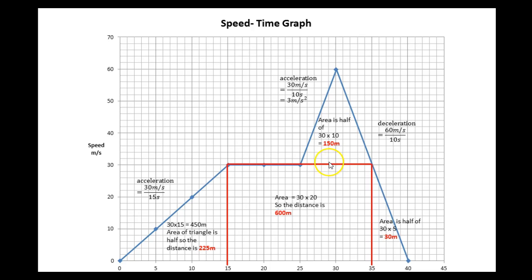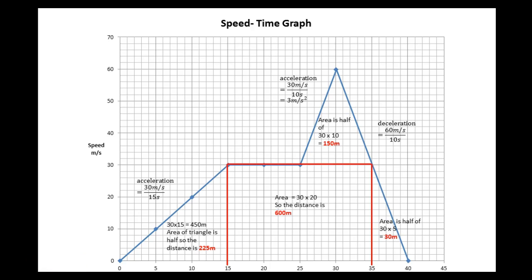There are a number of ways you could work that one out. And this bottom one here, once again, it's half base times height, or you can think of it as half of the rectangle, and so we've got 30 meters per second along here and 5 seconds along there, so half of 30 times 5 is 30 meters.